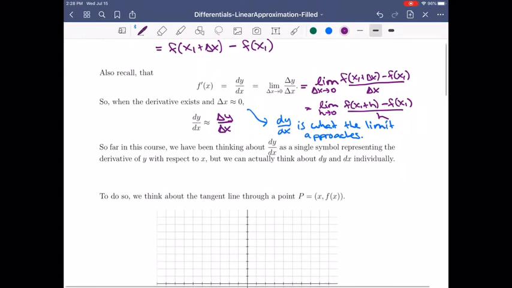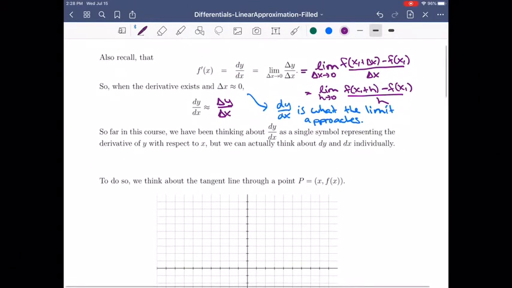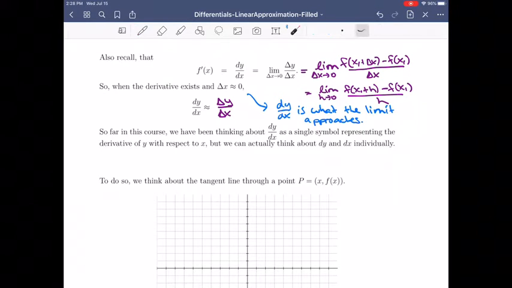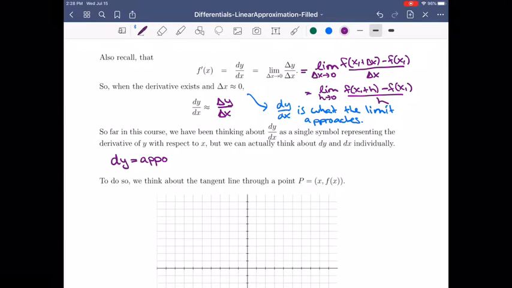Now, I'm going to say something here that maybe you won't like, but I've been kind of lying to you. So far in this course, we've been thinking about dy dx as a single thing representing the derivative, something that we cannot break apart. But now we're actually going to start thinking about dy and dx individually. Because you can think of dy dx as approximately delta y over delta x, we can think of dy as the approximate change in y.